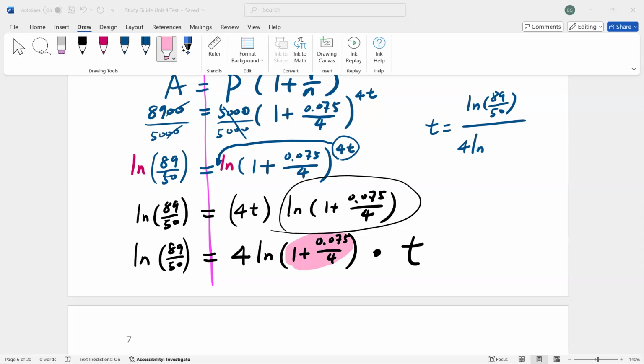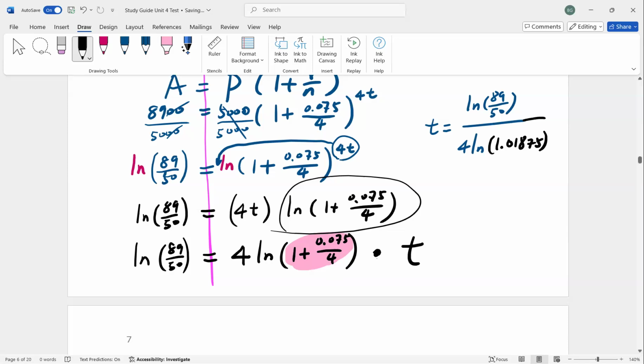0.075 divided by 4 plus 1 is 1.01875. Double check.